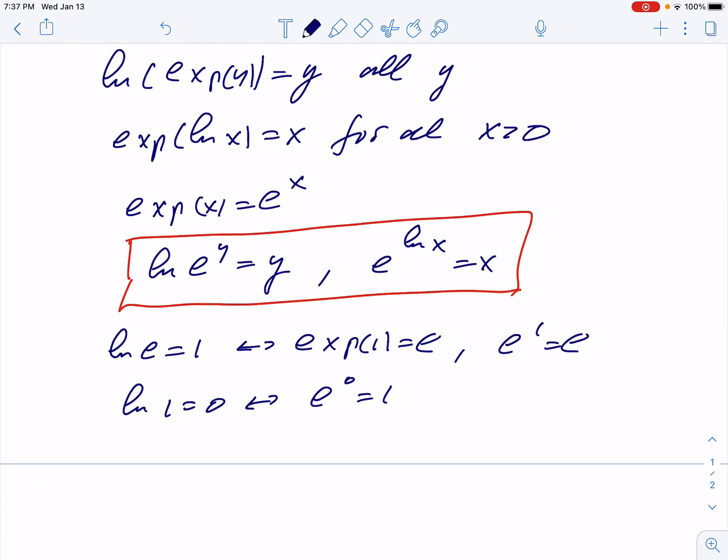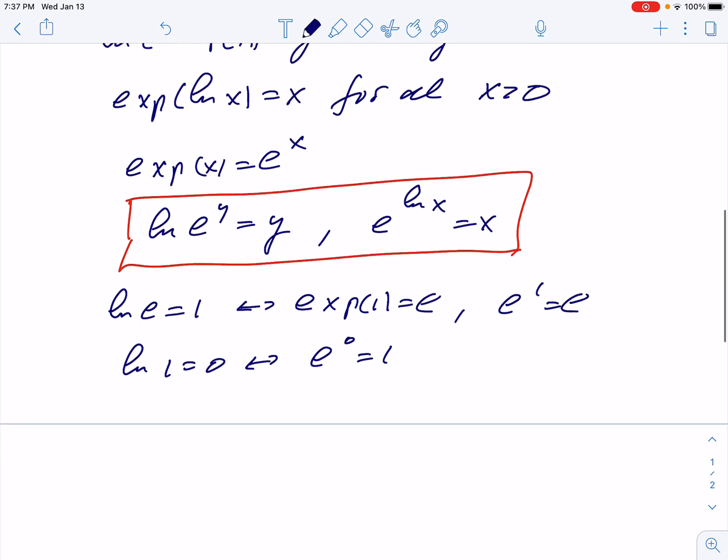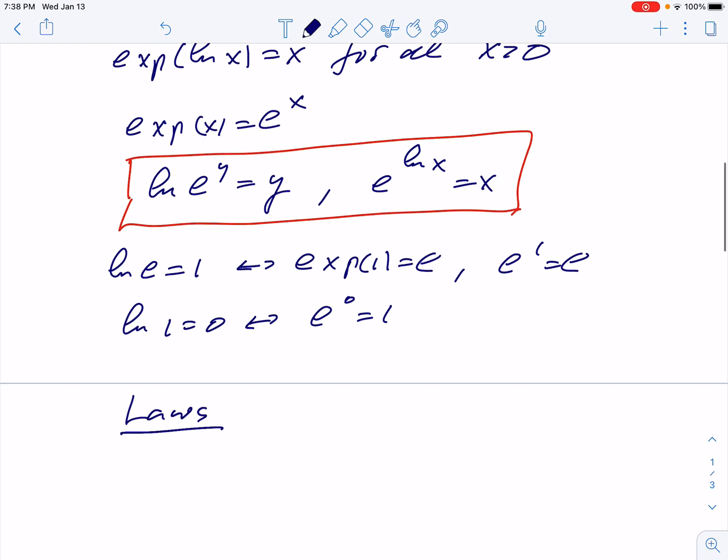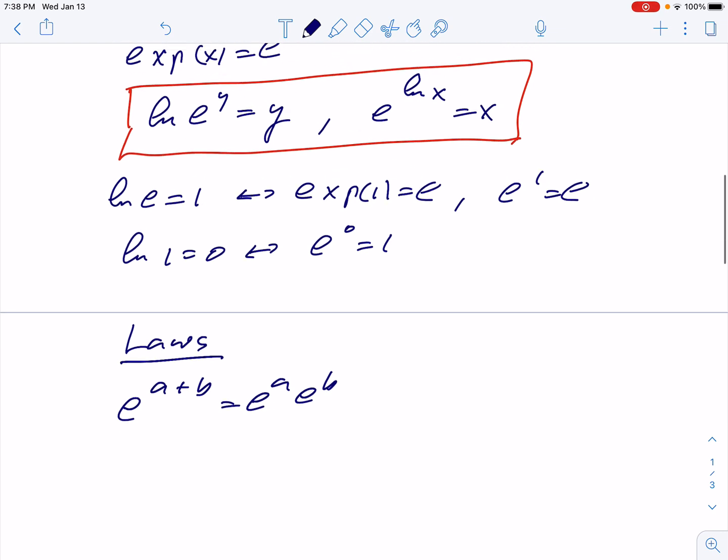Now the laws for the logarithm correspond to laws for the exponential function, and we have these laws or properties. Exponential of a plus b equals exponential a times exponential b, whatever a and b, all a and b, because the domain is the number line.